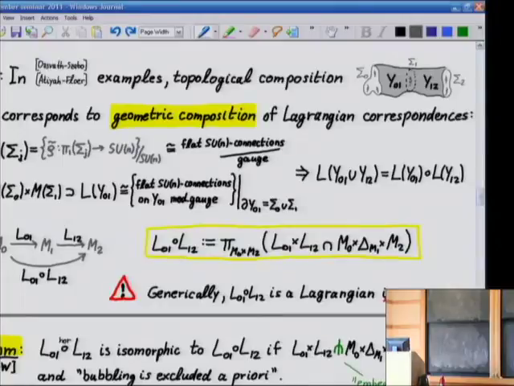Well, this is the right thing in gauge theory as a composition. It's also the right thing if the Lagrangians are graphs of symplectomorphisms. Then this is a very fancy way of saying I'm composing the two maps. And it is troublesome if you stick in general Lagrangian submanifolds, because there are two things that Lagrangian submanifolds don't like: an intersection going on here and a projection.